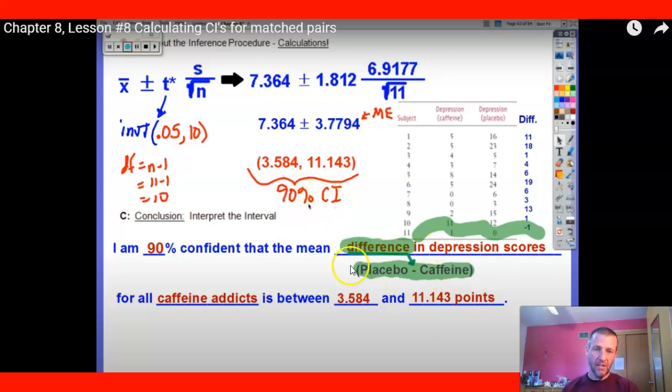This order makes a huge difference. You can do it either way, but you have to tell your reader which way you did it. Otherwise, I can't tell: does that mean they're more or less depressed? You have to tell which direction you did that. Otherwise, that's it. And again, this will be extra credit, but I want you to know here's how it can be done.